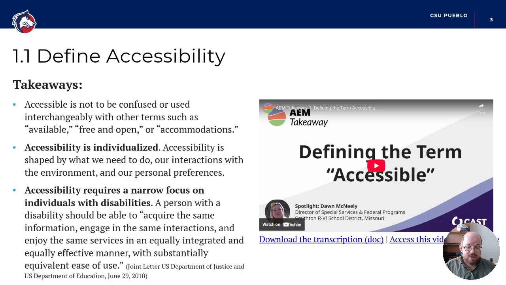Fundamentally, accessibility requires a narrow focus on individuals with disabilities to ensure they can acquire information, engage in interactions, and enjoy the services in an equally integrated and effective manner.